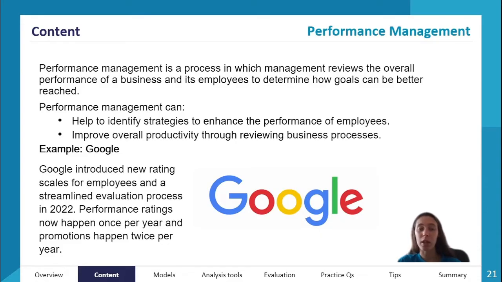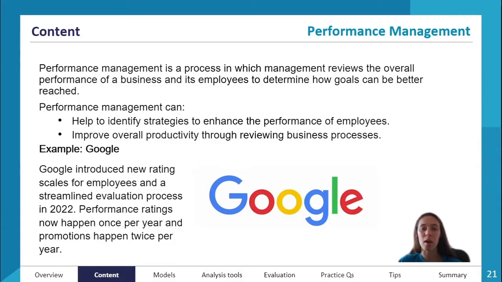Our example here is Google. Google introduced a new rating system for employees and streamlined its evaluation processes in 2022. Performance ratings now happen once per year, and promotions happen twice per year. So you've got that idea of looking at how employees are performing, checking with those performance ratings, and then also having that rewards system with promotions.